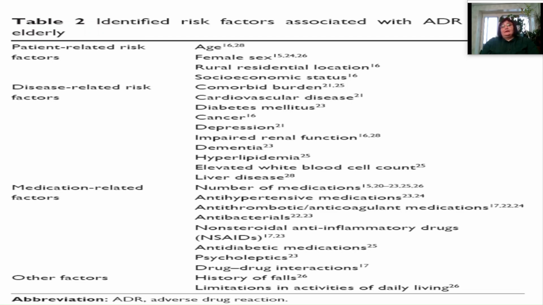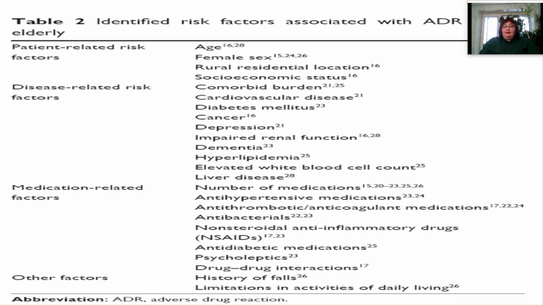Patient-related factors include age and female sex; several sources reflect that females have more adverse reactions compared with males. Also rural residential location and socioeconomic status.